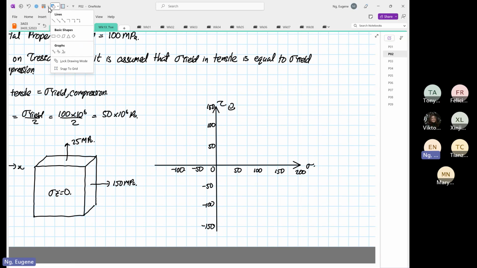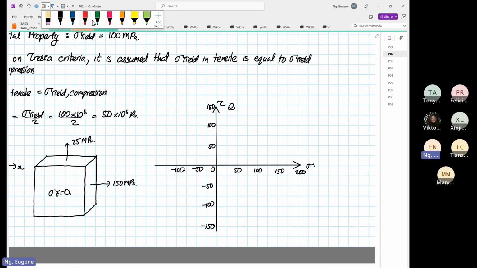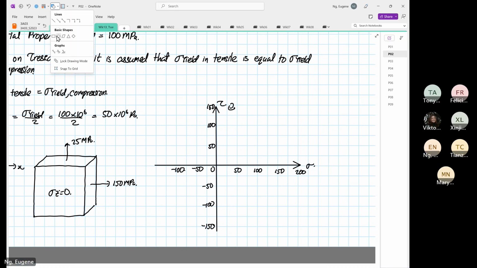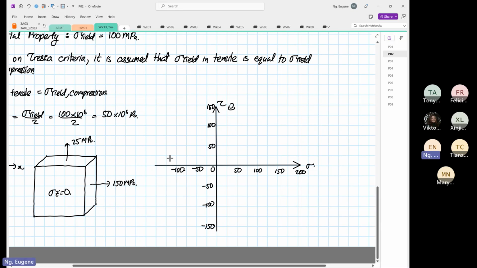So I'm going to draw a box now, right? And if the stress field, or if the Mohr circle in 3D, is within the box, the structure will not fail. Okay, if it does not, it will fail.